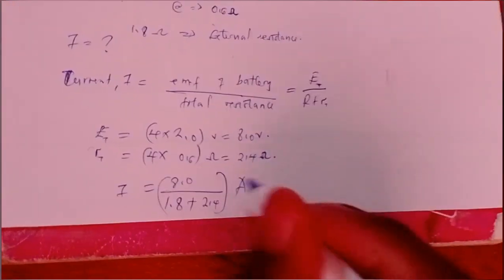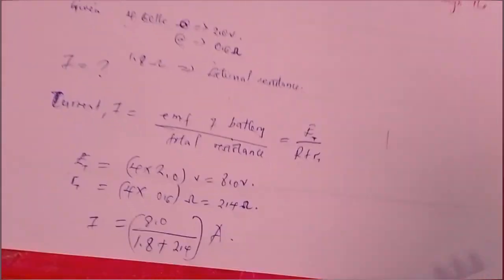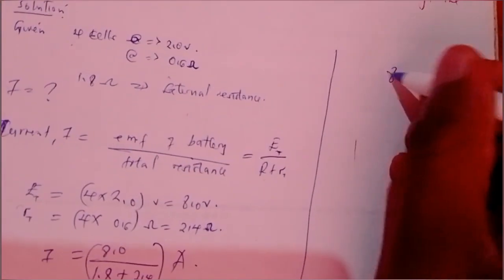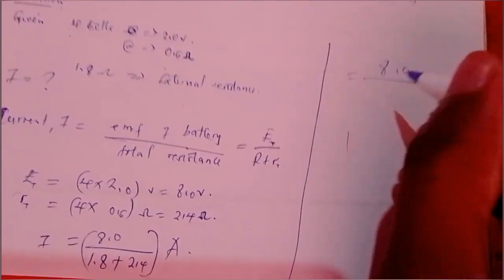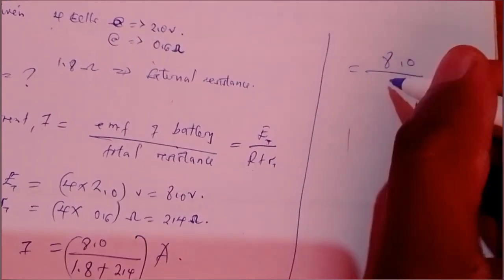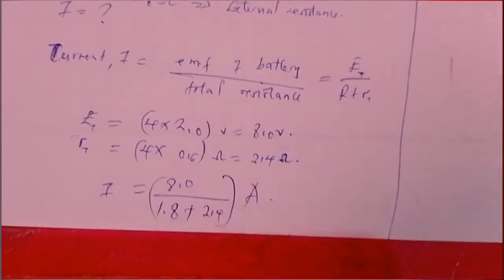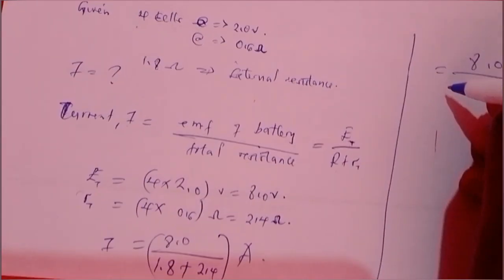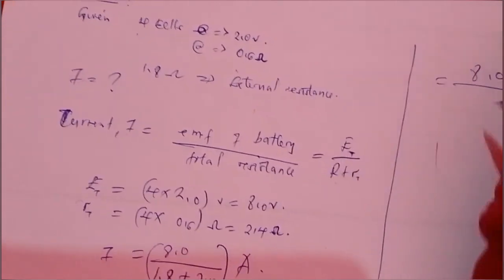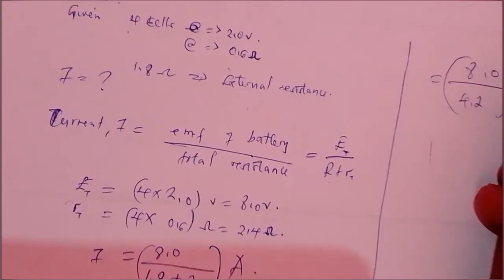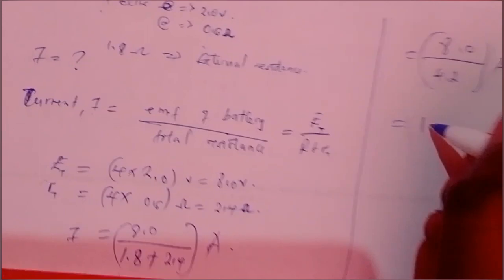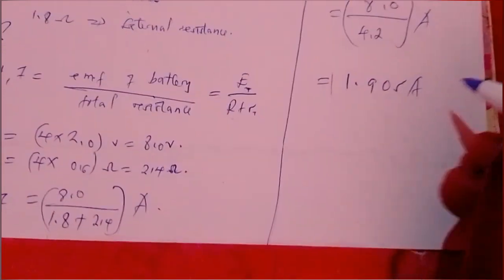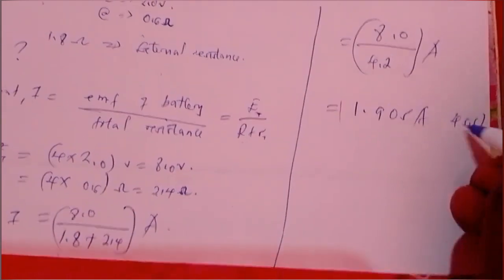Now you have 8.0 over 1.8 plus 2.4, which is 4.2, and now our answer is 1.905 amperes in 4 significant figures.